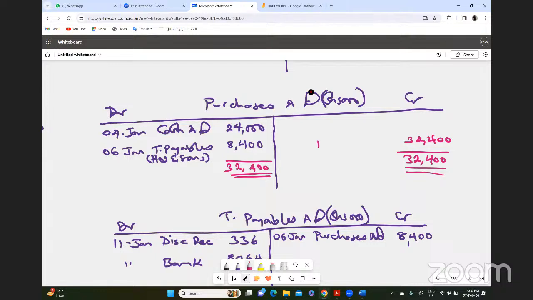And I'm going to say that this is a balance carried down at the end of the month, which is 31st of Jan, because the balances have to be at the end of the last day of the period. And then we shall have a balance brought down. If you carry down on one side, you have to bring down on the opposite side. 32,400.